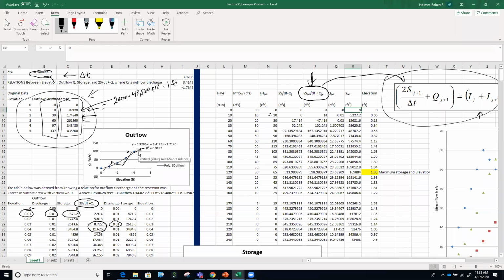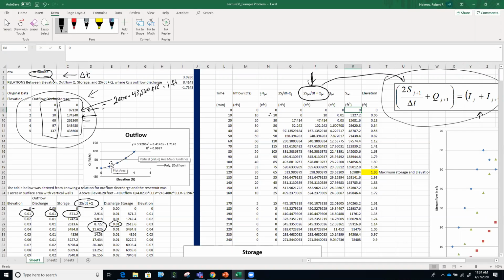A lot of times it's eyeballing a trend through the data. We do have sophisticated programs that look for best fit lines, from a least squares type of approach, but often these rating curves are built based on the best fit through the line. Okay, thank you.